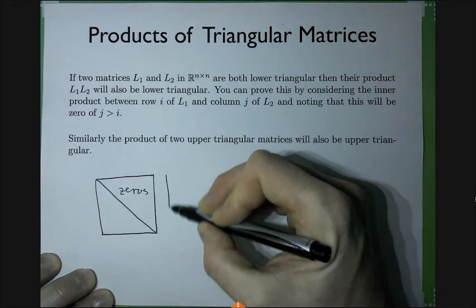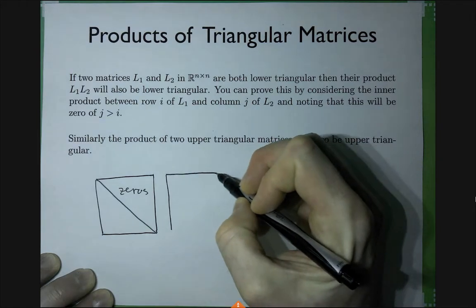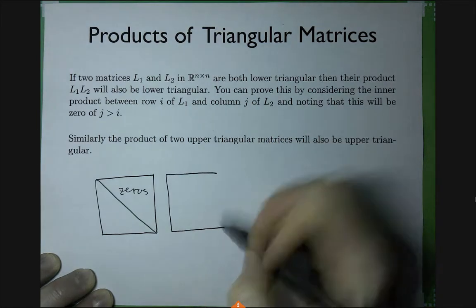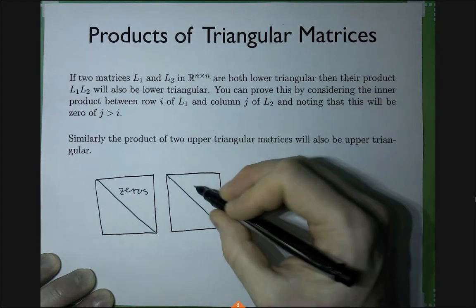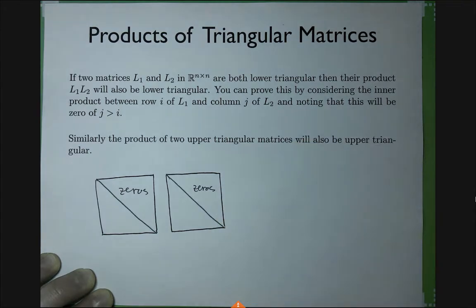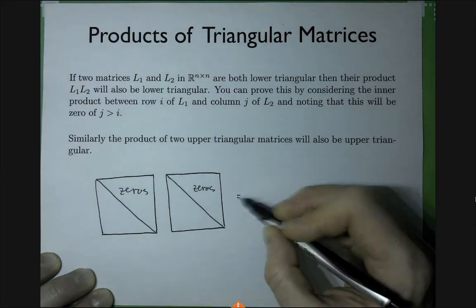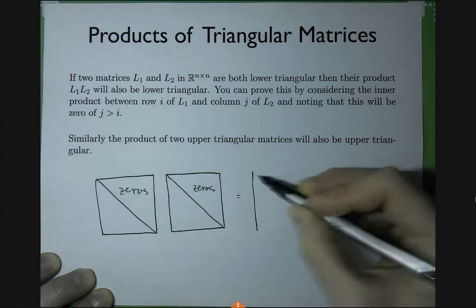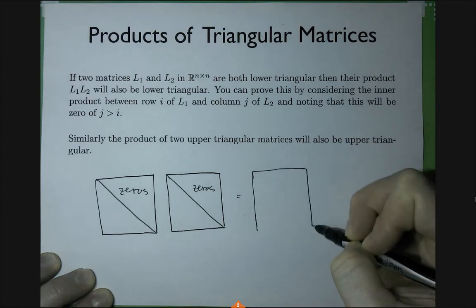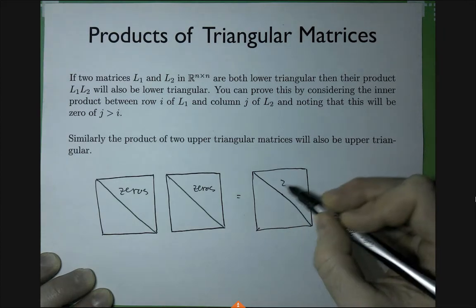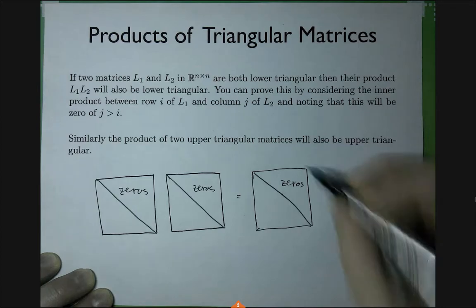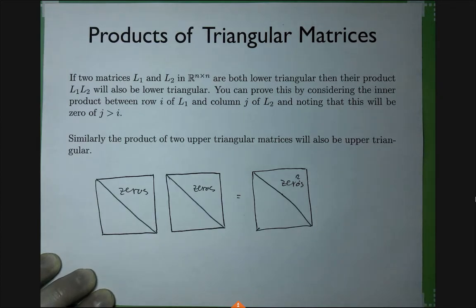Now, if I'm doing a product with another lower triangular matrix, it's the same structure, right? Again, zeros here, some maybe non-zeros from the left. What we need to prove is that this will give us, again, a matrix of the same structure, so that here I will get zeros also. That's what we are trying to establish.